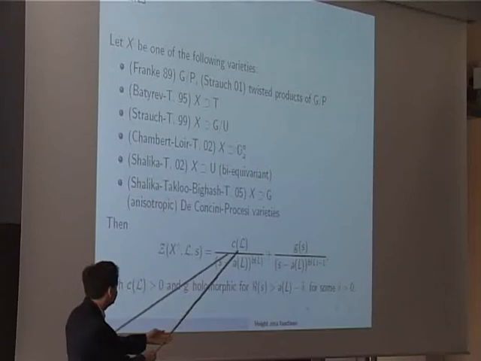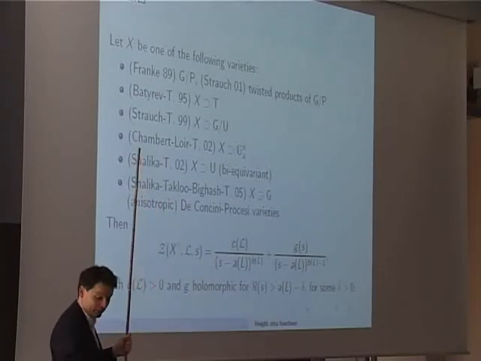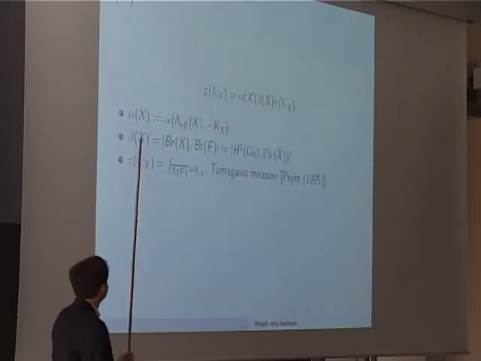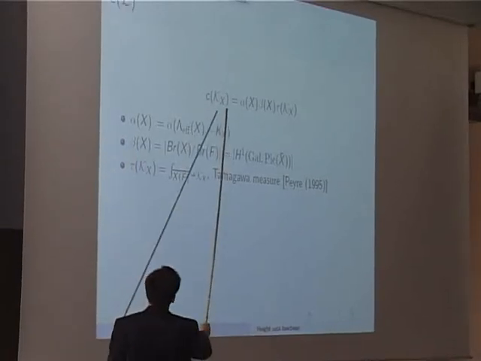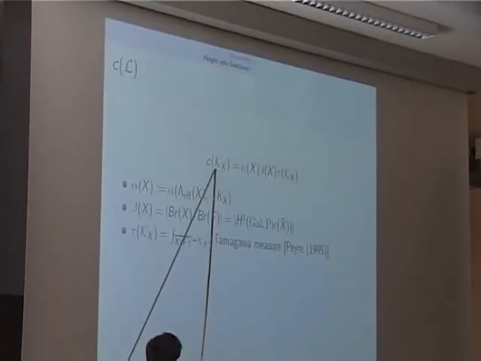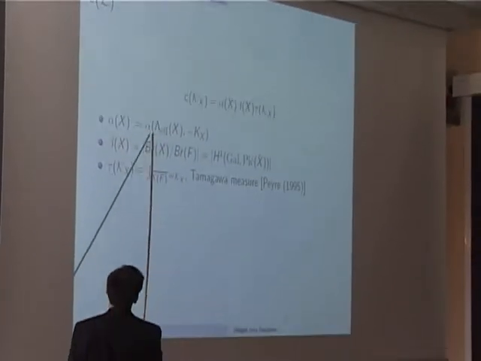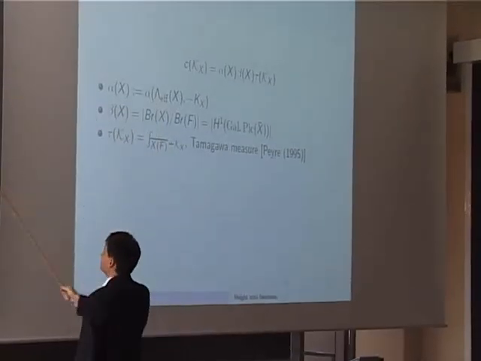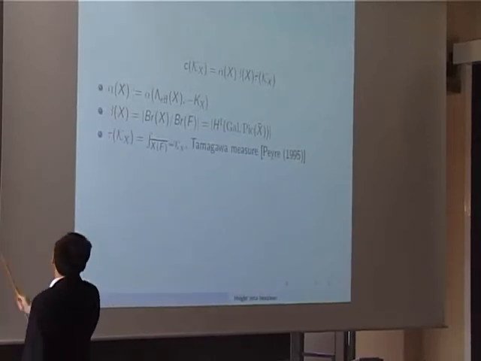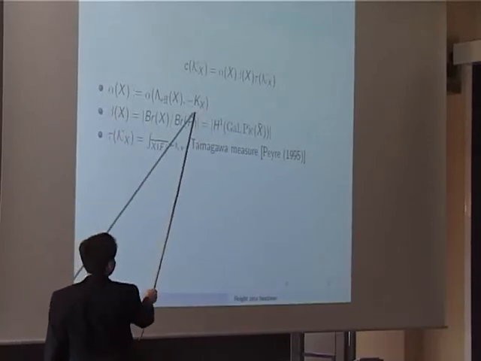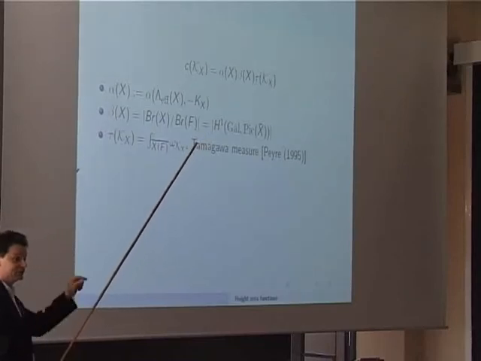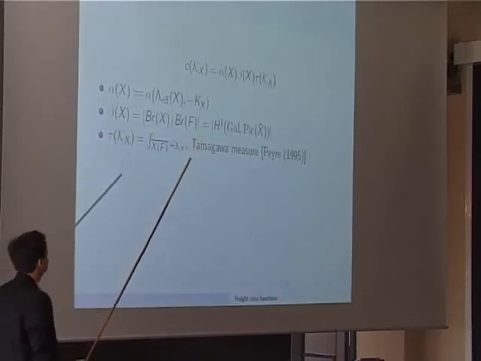And this constant C of L can be interpreted. It's a product of three numbers for a very specific line bundle, the anti-canonical line bundle, where one of them is this function invariant of this cone evaluated in the anti-canonical class, in a point in the interior of the effective cone.